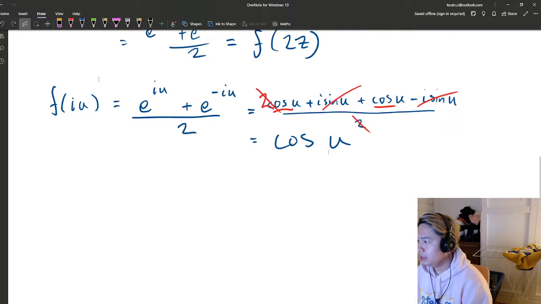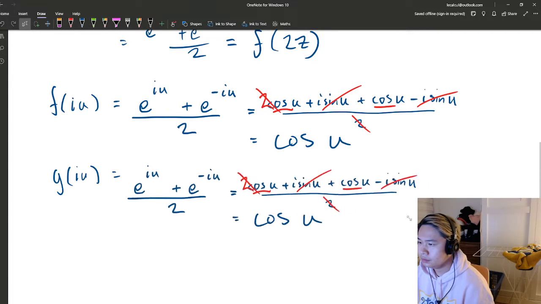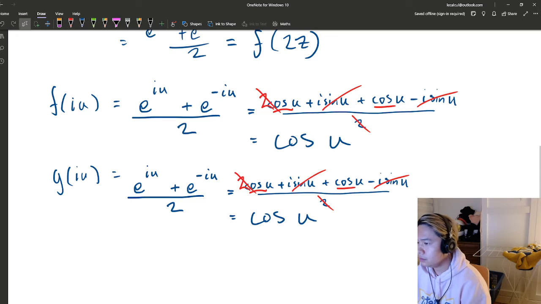Okay. And then I think g was just doing the same thing, right? So the only real difference is there's a minus in between. I guess that's going to change a couple of things.